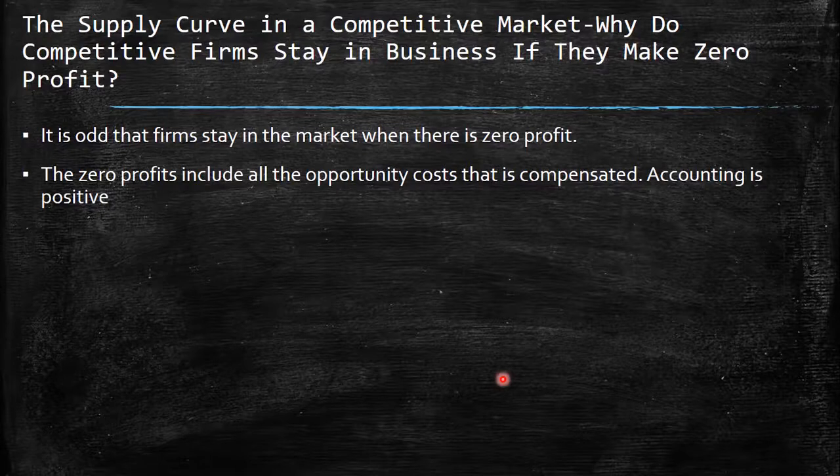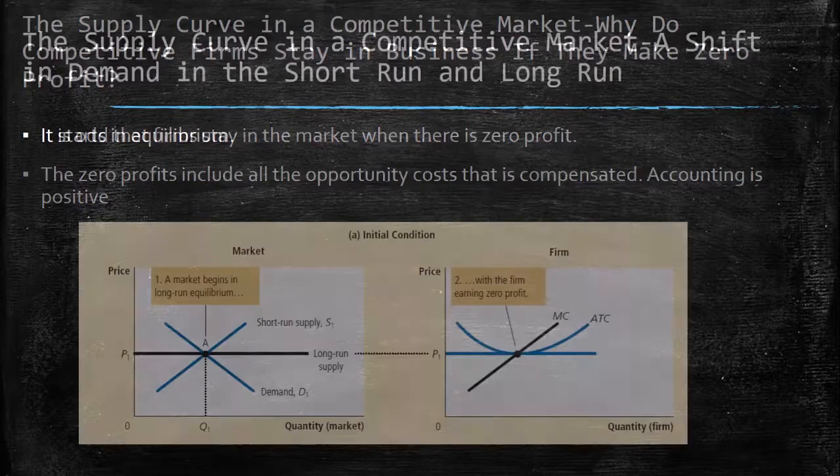So this zero profit includes all the opportunity costs. Remember, as we said before, the implicit costs are compensated. Then the accounting profit is positive. The opportunity costs are going to be included in the economic profit.